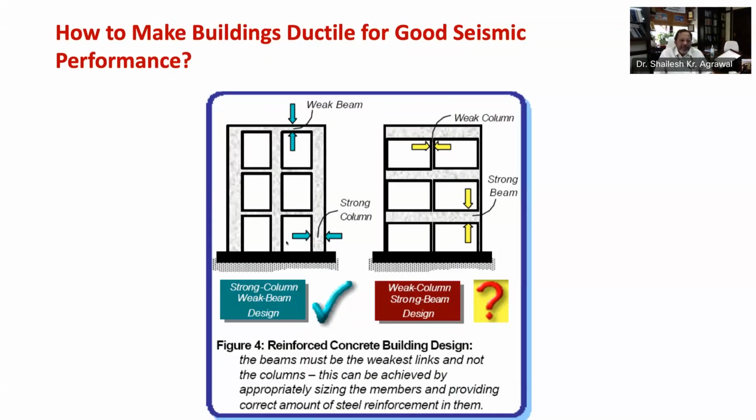So remember that adequate ductility can be provided in the members, especially RCC members, where damage is expected, through incorporation of special provisions in the IS 13920 code. So to sum up, let's have the design with a strong column and weak beams, and these weak beams need to be made ductile by incorporating provisions given in IS 13920.